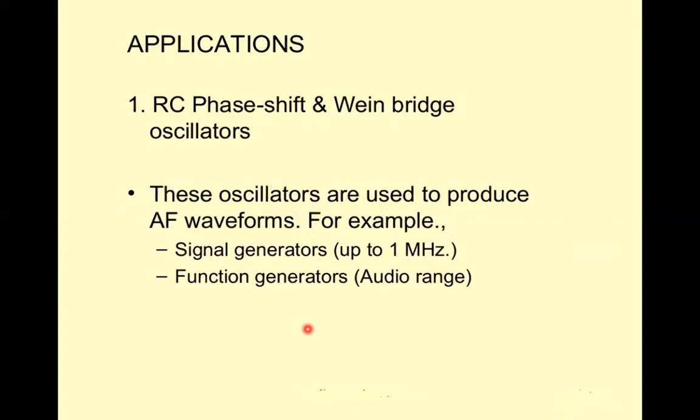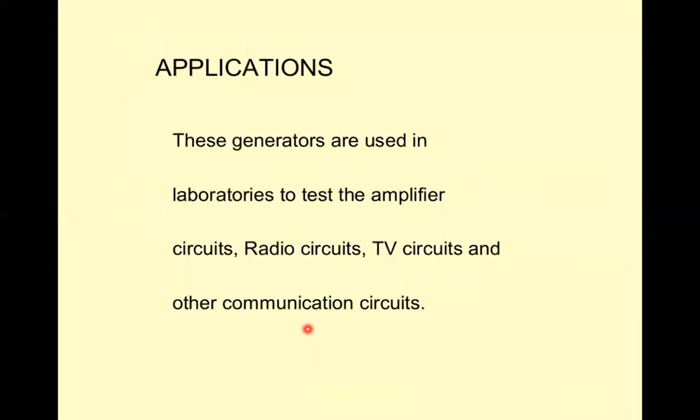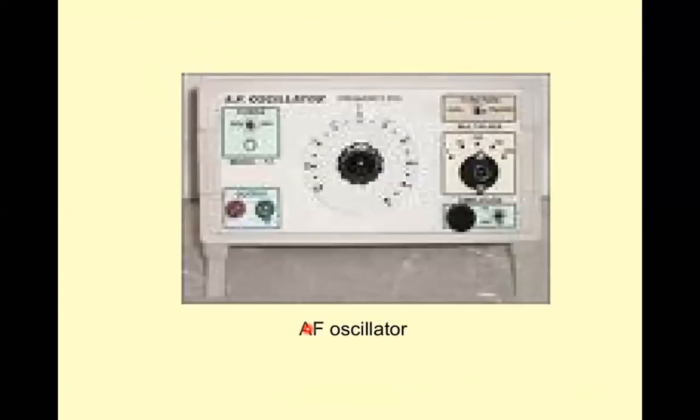Normally we use a function generator for practical purposes, where we have an option to change the fixed value of frequency, 50 Hz, to any varying values. These generators are used in laboratories to test amplifier circuits, radio circuits, TV circuits and other communication circuits. This is one picture with audio frequency, AF oscillators.